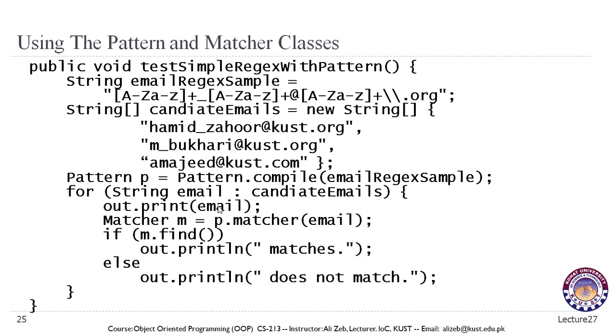Then we look for the email IDs that match this pattern, and we say that those are the matching email IDs, and those that do not match will be printed as does not match.